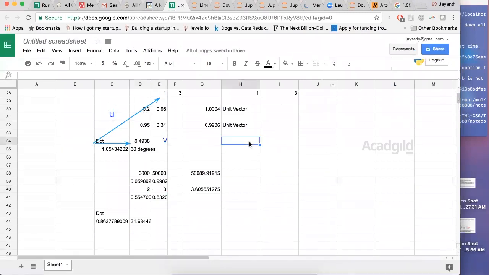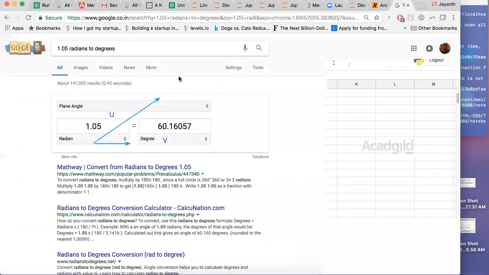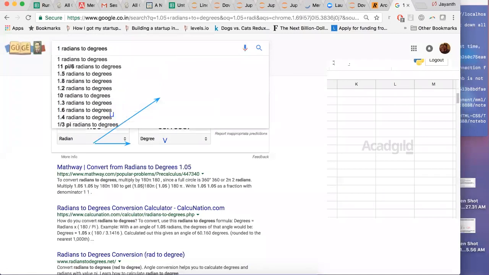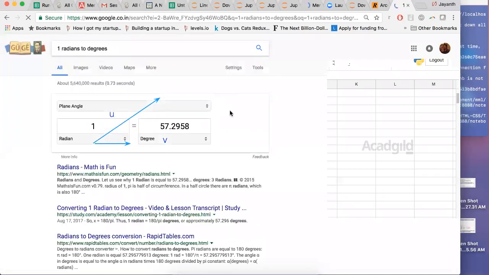Chen, in the dot product, while you were multiplying the coordinates of the first with the second and then summing them up, I saw you multiplying by 60 as well. Why did we do that? Sure, good question. 1 radian is roughly 60 degrees.